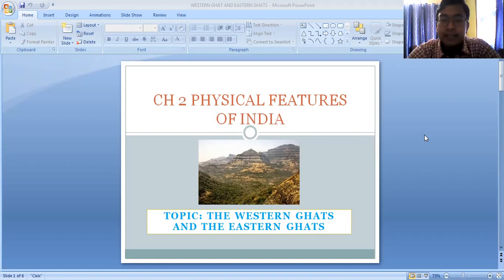Whereas the Deccan Plateau is a triangular shaped landmass found in the southernmost part of our country. It lies to the south of the Narmada River, and on the west it is bounded by the Western Ghats, and on the east by the Eastern Ghats. The Deccan Plateau covers a larger part of the Peninsular Plateau.